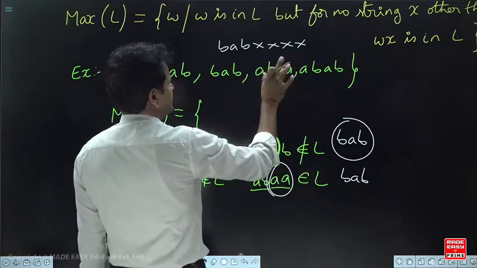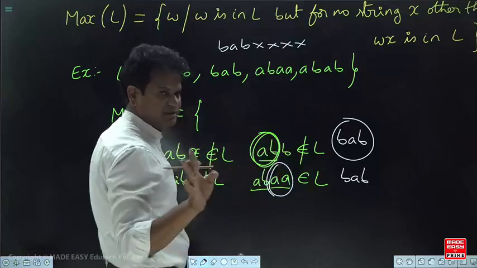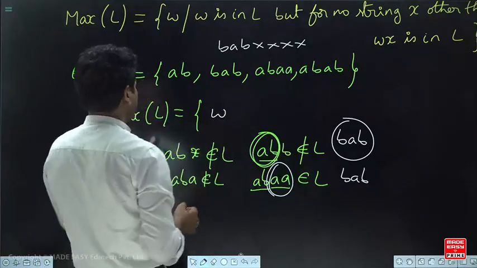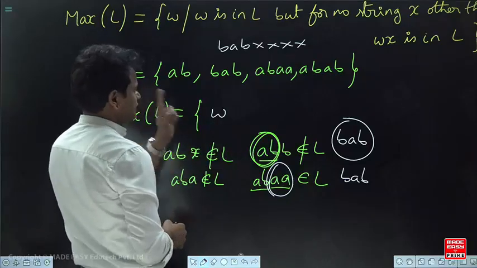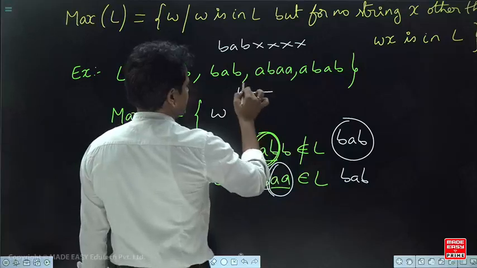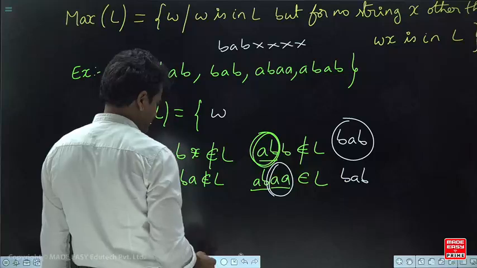If there is any string starting with BAB, then don't take BAB. Simple. So guys, if you are taking W in the maximum of L, then there should not be any other string starting with W. That's it. Simple.